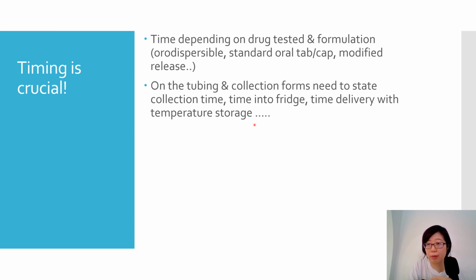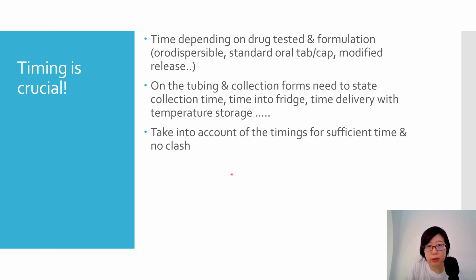Besides the actual time points during the studies, when we do it, we also note which time point and what person takes what. Okay, so you need to take into account the timing, to make sure there's sufficient time to do all the steps that you need. As mentioned earlier on, the phlebotomists have to run around from one person to another. So imagine in a protocol you might need to have 3 or 4 sets of time points to allow the phlebotomist to get patient number 1, finish the sample taking and recording, then go to patient number 2 and so on and so forth.